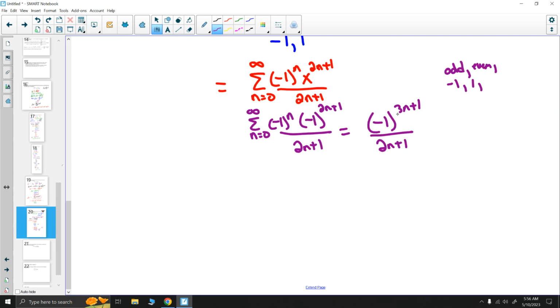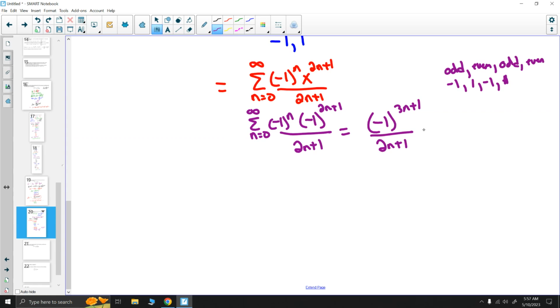Now the next one, when n is 2, 3 times 2 is 6, plus 1, odd. That's -1. We'll do one more. 3 times 3 is 9, plus 1 is 10. That's going to be even. So it's still alternating. Even though it maybe doesn't look it, it's still alternating.